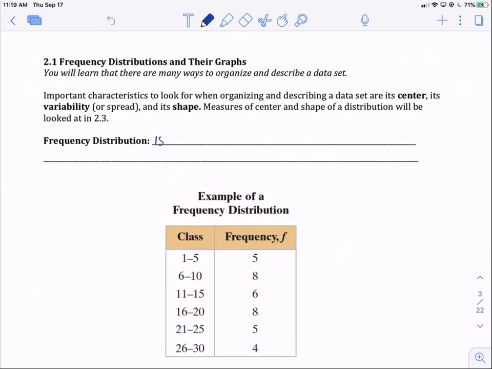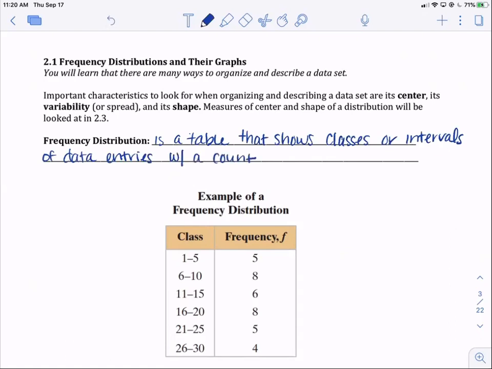And this is a table that shows classes or intervals of data entries with a count of the number of entries in each class.